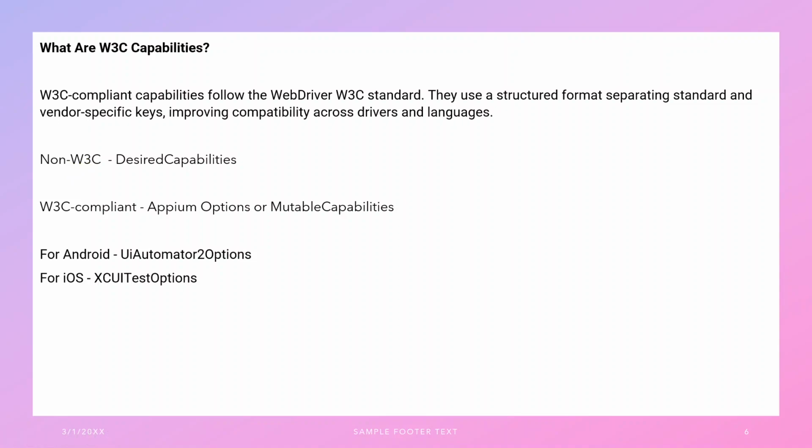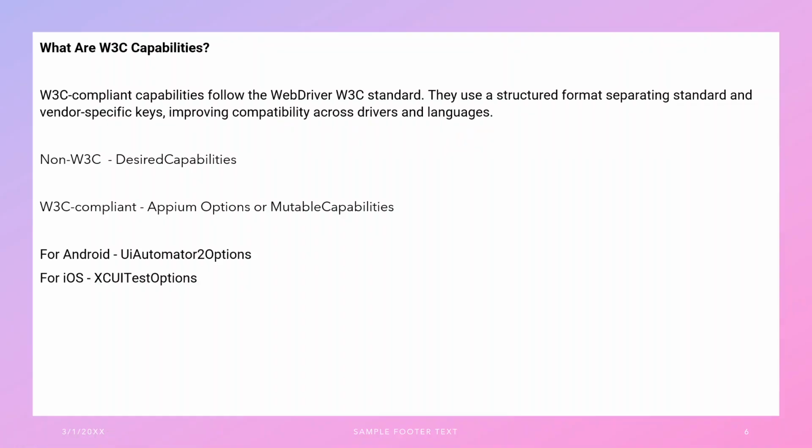W3C compliant capabilities follow the WebDriver W3C standards. They use a structured format separating the standard and vendor-specific keys, improving compatibility across the drivers and languages. This is the use of W3C compliant capabilities.